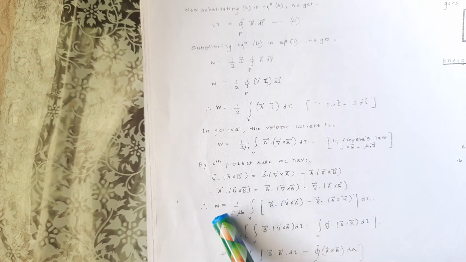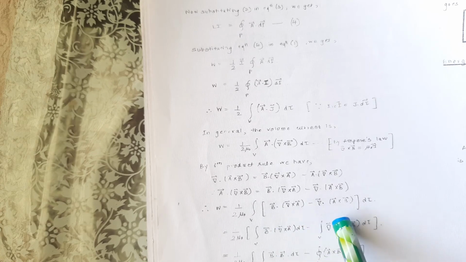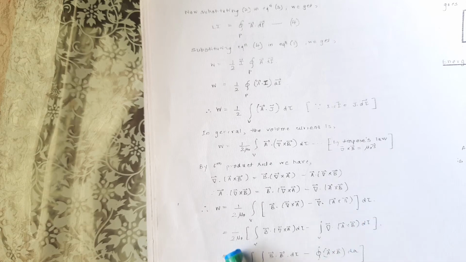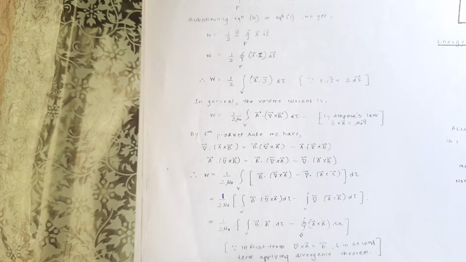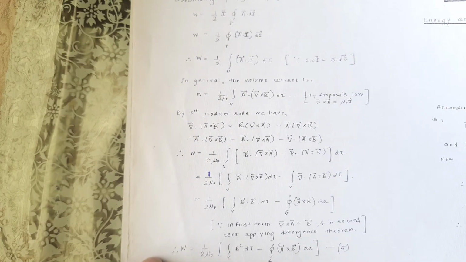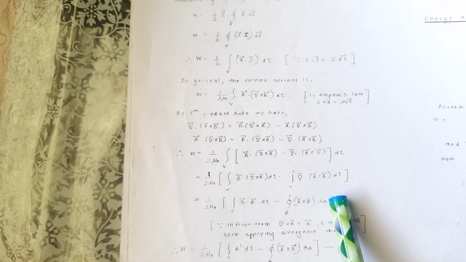So we can write W = 1/(2 mu 0) times the volume integral of [B dot (del cross A) minus del dot (A cross B)] dτ, which is 1/(2 mu 0) times the volume integral of B dot (del cross A) dτ minus the volume integral of del dot (A cross B) dτ.